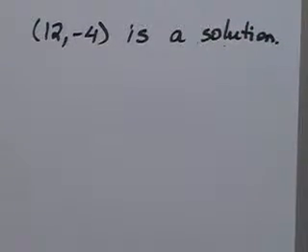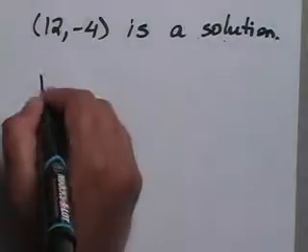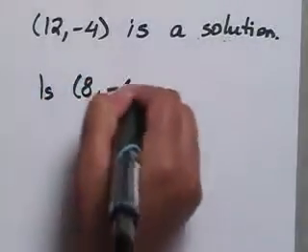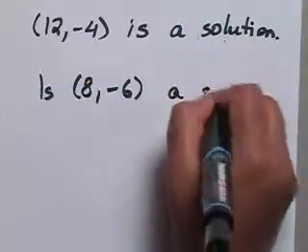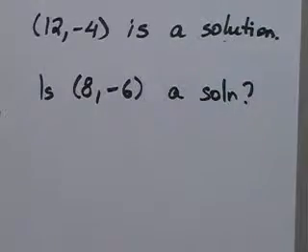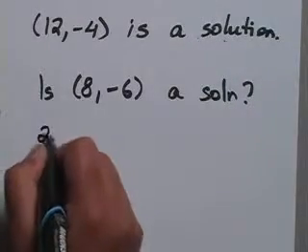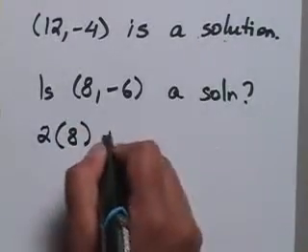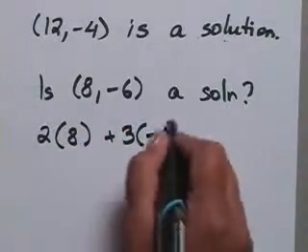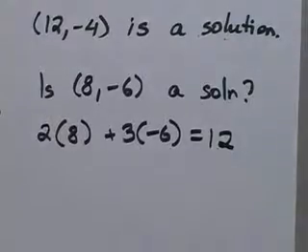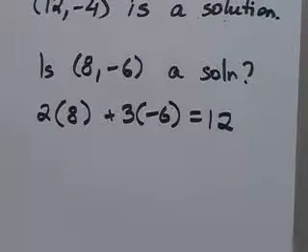You can do the same thing with the ordered pair 8, negative 6. Again, we're trying to decide if that is a solution to our given equation. Doing the same thing as we did earlier, we will substitute for our x and y. And again, we want to see if we end up with a true statement.